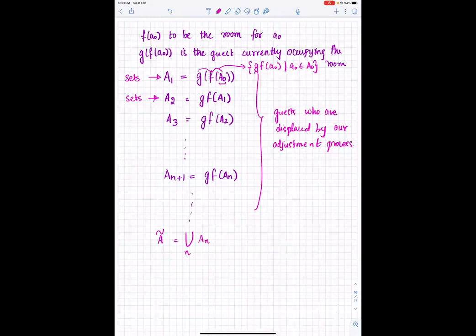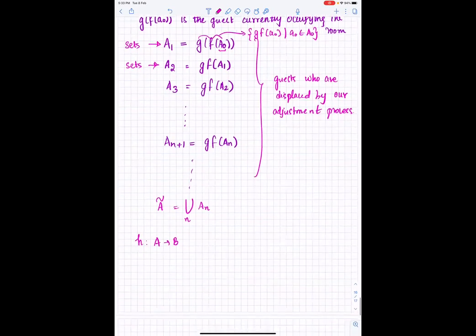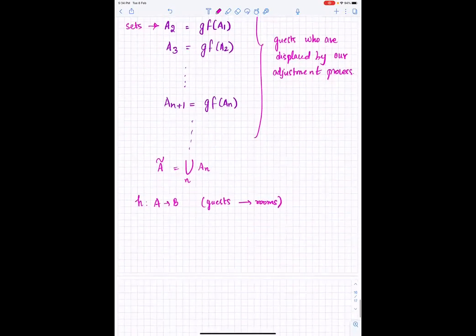So infinitely many people. Now we have to construct a function h from A to B using this information. You have to map guests to rooms in a bijective fashion. In other words, for every x in A, that is for every guest, you have to allot a room. This function should be bijective.